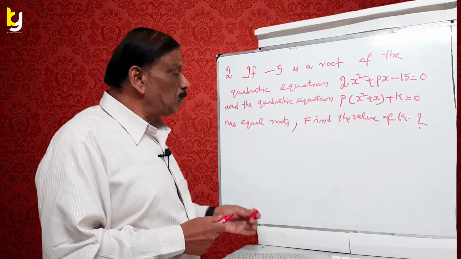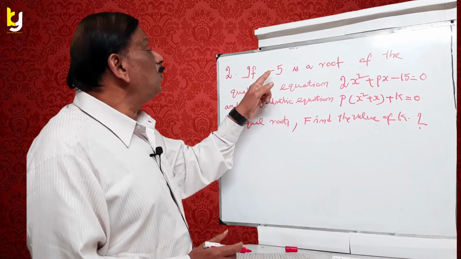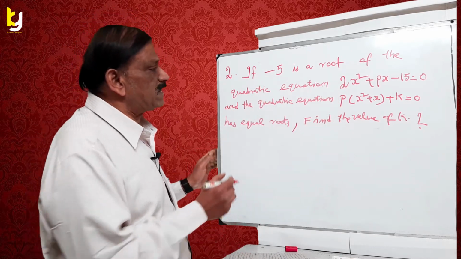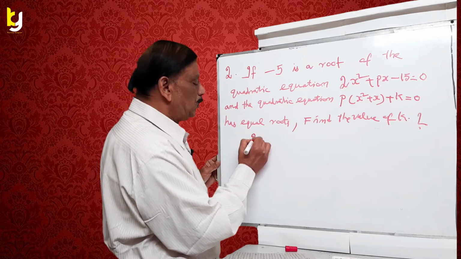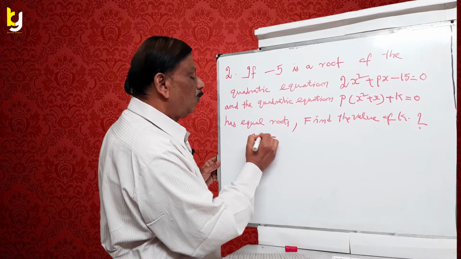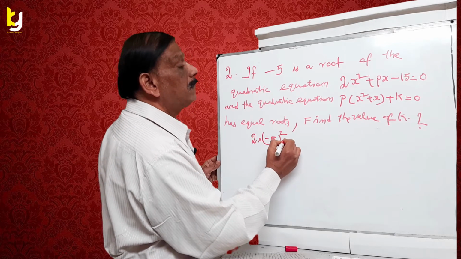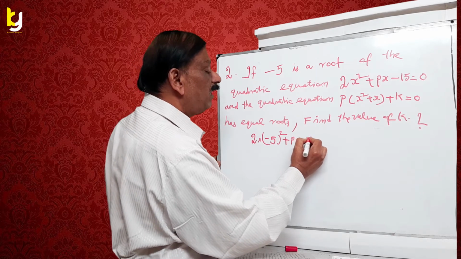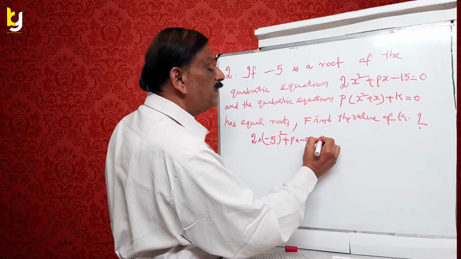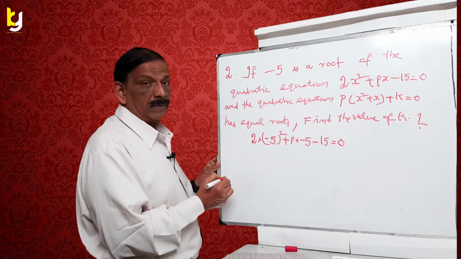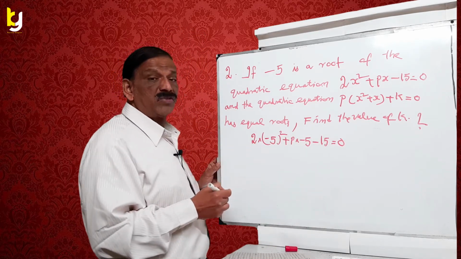So substitute the value of minus 5 in this equation in the place of x, that is 2 into (minus 5) whole square plus p into minus 5 minus 15 equal to 0. 2 into (minus 5) whole square.